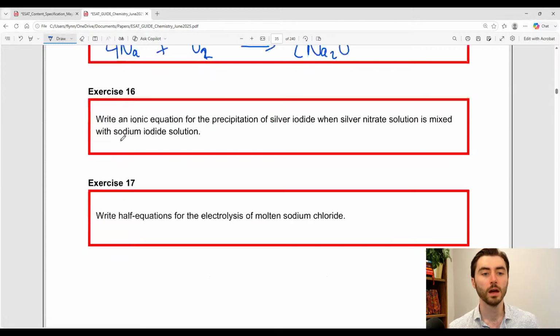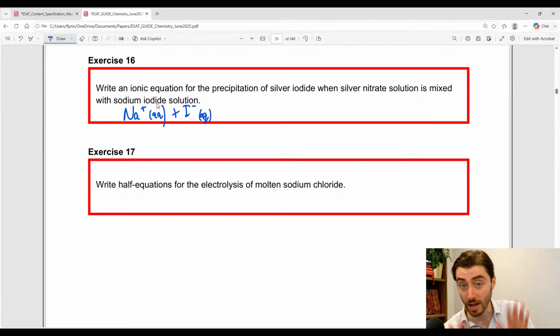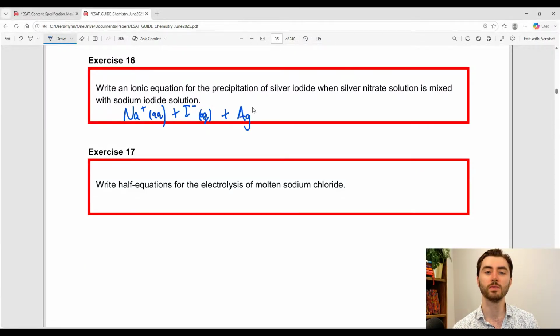Done. Ionic equation for the precipitation of silver iodide when silver nitrate solution is mixed with sodium iodide. So we have Na+ present. We have iodide present. Sorry, iodide. I apologize. We're mixing that with Ag+, and it's a solution.